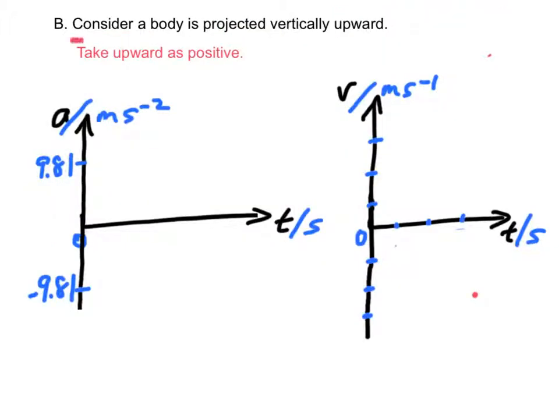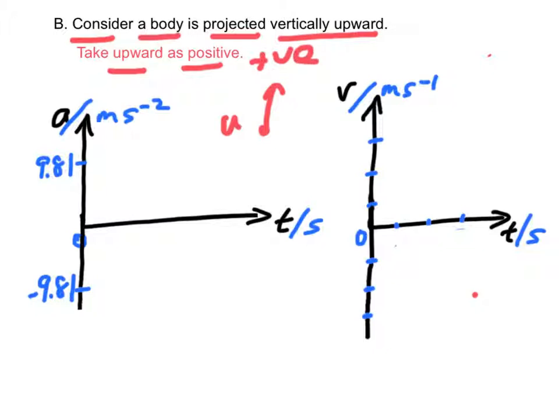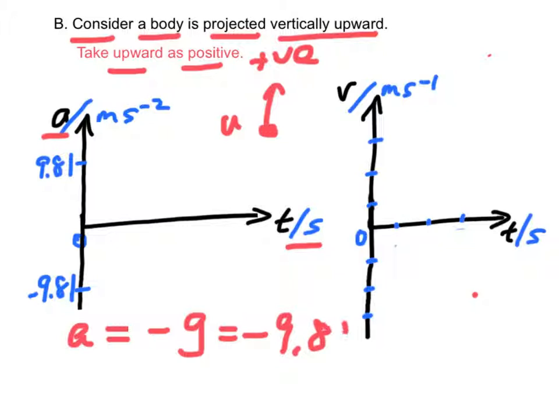If we consider a body being projected vertically upwards with an initial velocity u, and we take upwards as positive, for the a-t graph, we have the acceleration of the body equal to negative g, which is negative 9.81 meters per second squared.